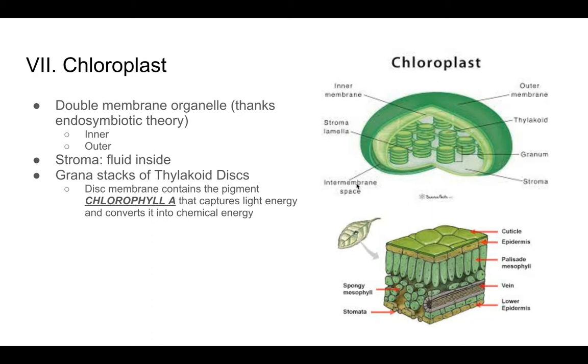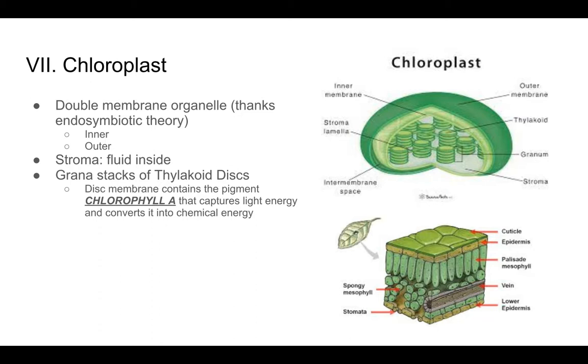Now, the discs are so important because the discs have a membrane, and in those membranes are the pigments, chlorophyll A in particular, that is able to capture light energy and start the conversion process in turning that light energy into chemical energy that can enter a food chain or an ecosystem.